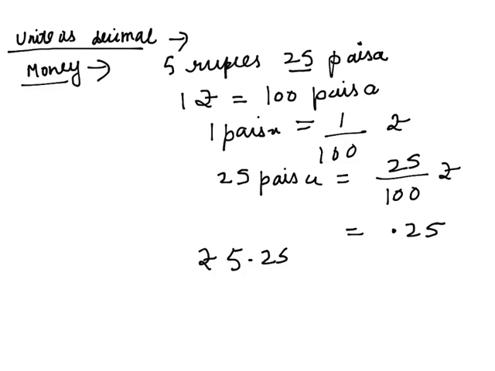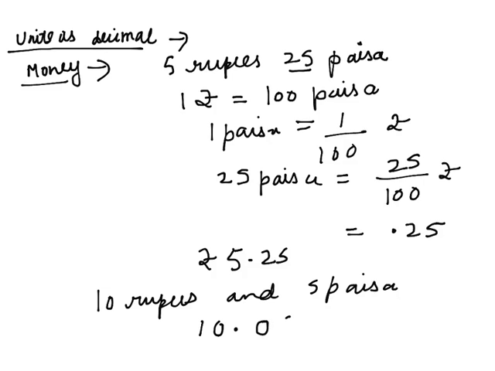Similarly, if we have 10 rupees and 5 paisa, 10 rupees is the whole number before the decimal point, and after that I have 5 paisa. So we will write 0.05. Please concentrate here: we write 0.05, not 0.50, because 0.50 would be 50 paisa.